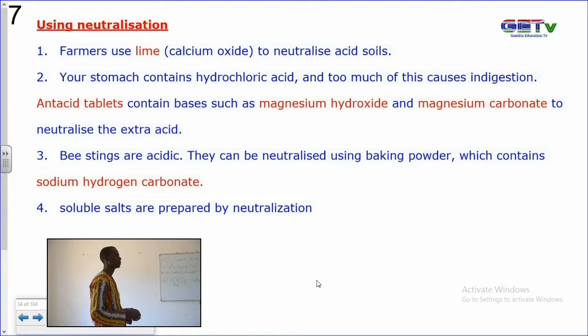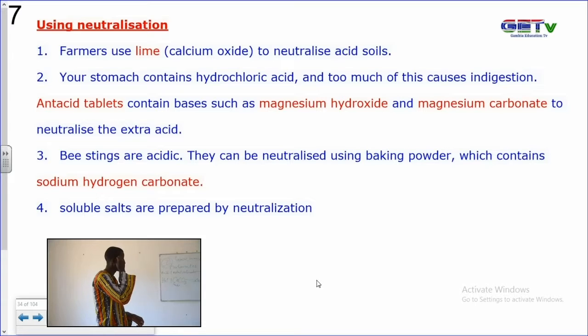Importance of neutralization reaction. Number one, farmers use lime, that is called calcium oxide, to neutralize acid soil, a soil that is acidic. To cancel out the effect of that acid, we have to apply a substance called lime, which is calcium oxide, and lime is a base.